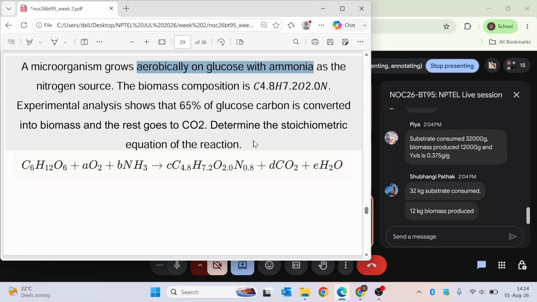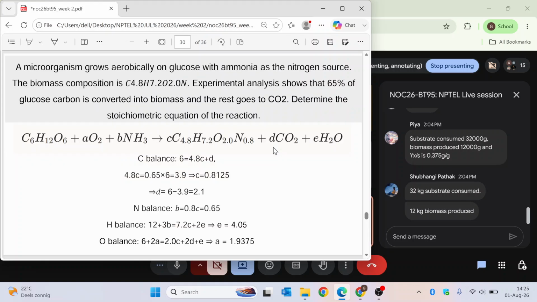And there is CO2 formation and water formation, that you know. So what you do here is write down the complete equation and write balances for each element.